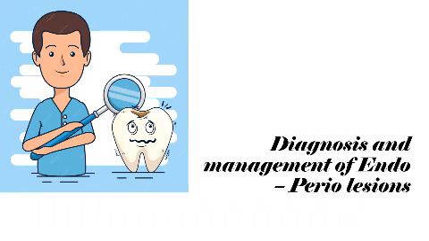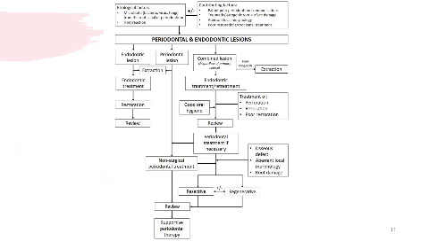Coming to the diagnosis and management of endoperio lesion. To diagnose an endodontic periodontal lesion, you have to classify it as either an endodontic lesion only, a periodontal lesion, or a true combined lesion. Etiological factors and contributing factors can also add to the diagnosis of the lesion.